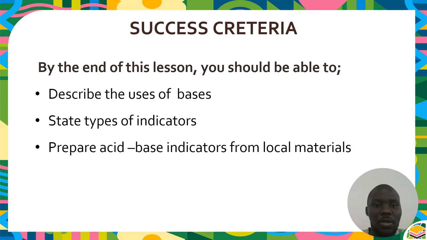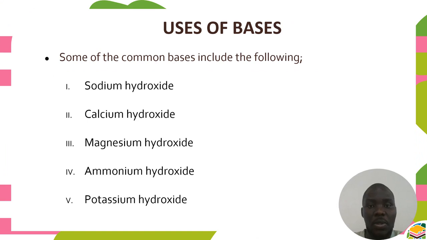The first one, we should be able to describe the uses of bases, state types of indicators, explain or describe how acid and base indicator can be prepared locally. So on the uses of bases, some of the common bases include the following.